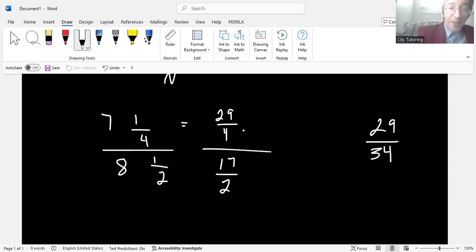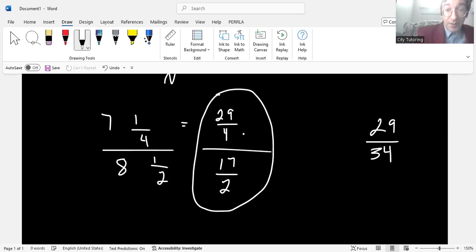So basically, this is what you're dividing. Now you have 29 over 4, and since we're dividing, we multiply by the reciprocal, which is 2 over 17.